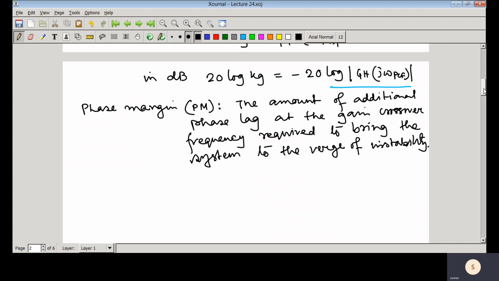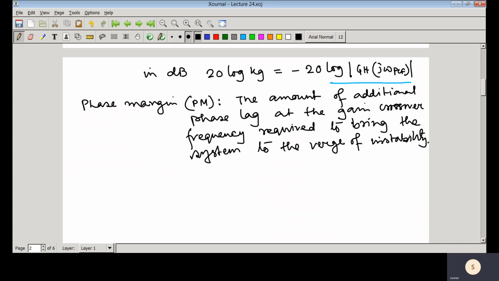So here we have seen that the amount of additional phase lag at the gain crossover frequency required to bring the system to the verge of instability.